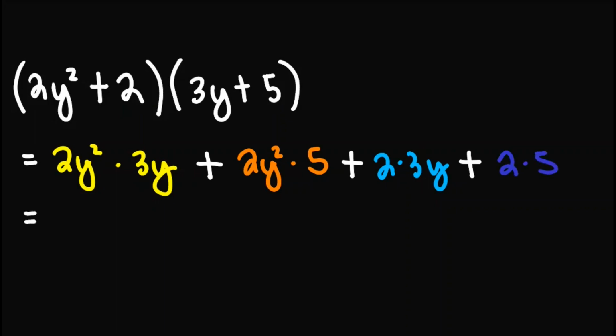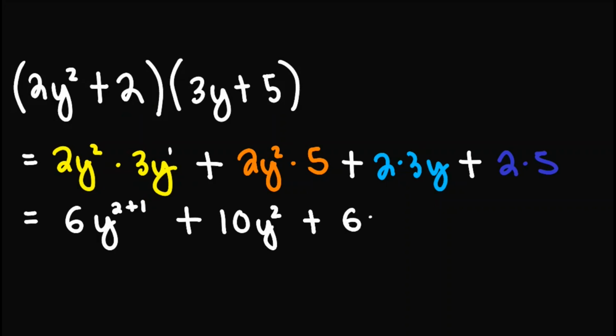Simplifying this, we have 6y, then the exponents are 2 and 1 out here, so that is 2 plus 1, so 6y cubed, plus 10y squared plus 6y plus 10.